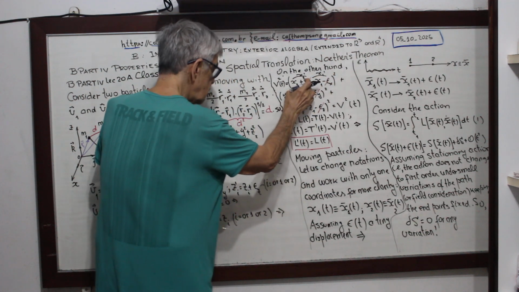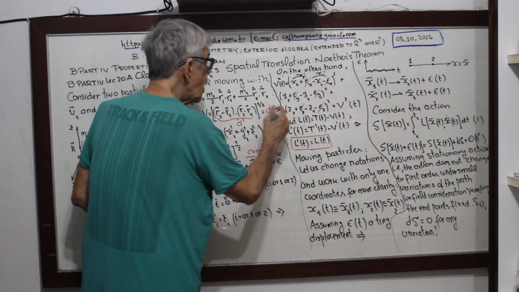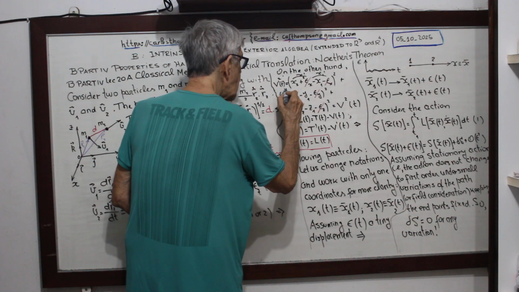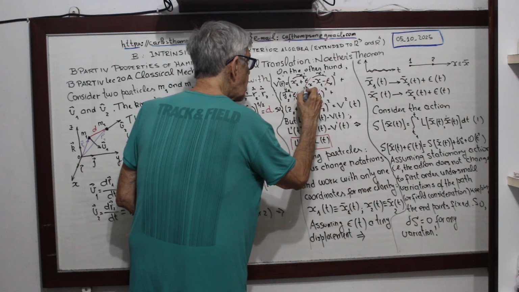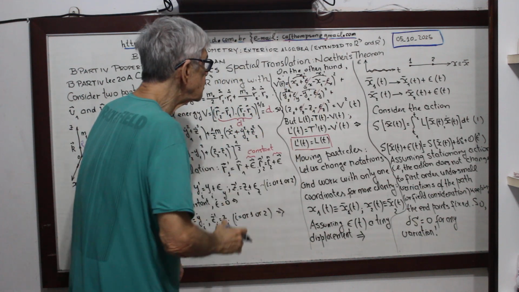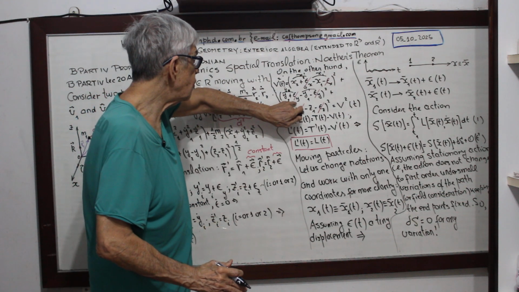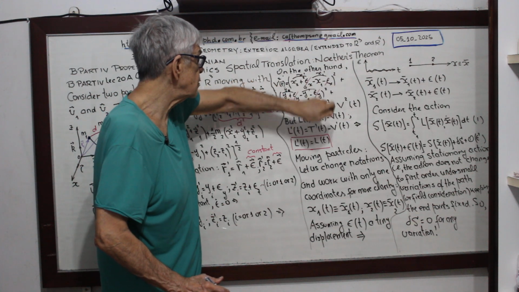I just substitute from the sum here. Likewise, this one is y2 prime minus y1 prime, and I substitute in the same way. So, attention now: this cancels with this, and this one cancels with this.